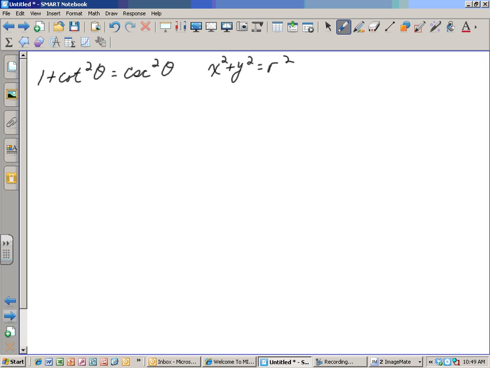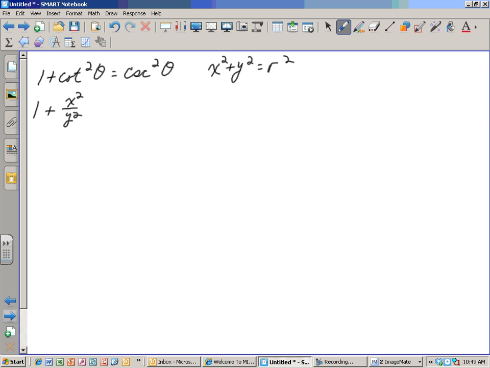I know tangent is y over x, opposite over adjacent, y over x. And cotangent then would be x over y squared.